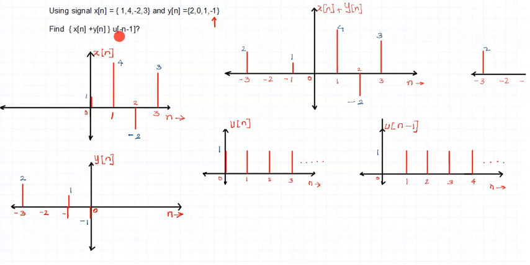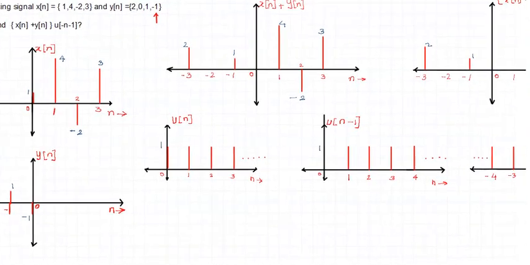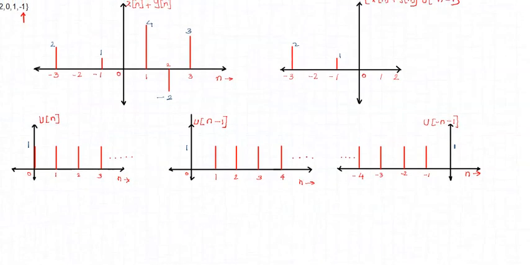We have to append a minus sign to this. Minus n means we have to do one more operation, which is nothing but reversal. So now we'll do reversal of the signal. This particular shifted unit step signal is reversed. Reverse means we append a minus sign, so we call the signal now u of minus n minus 1.